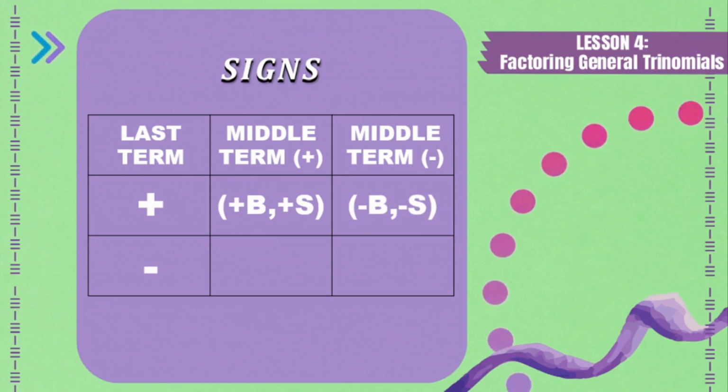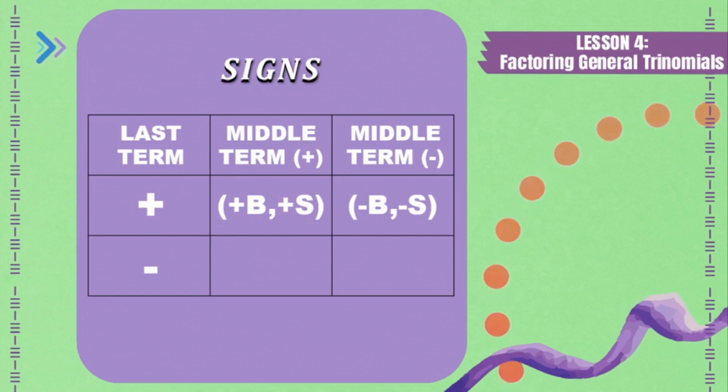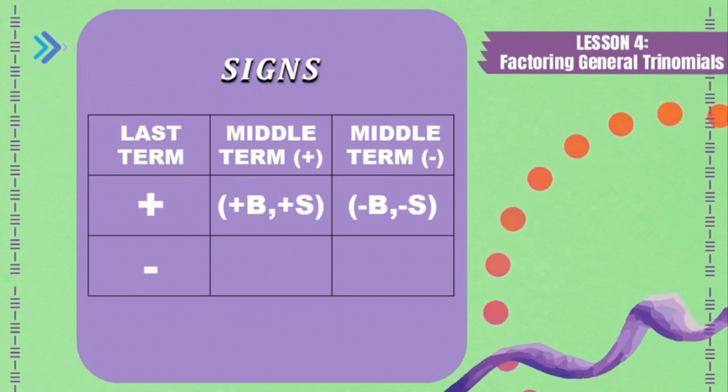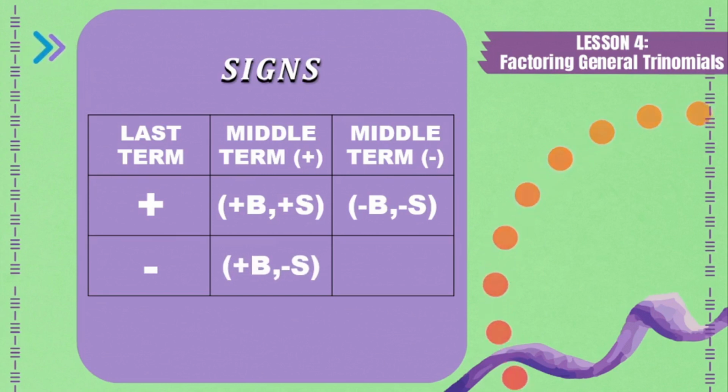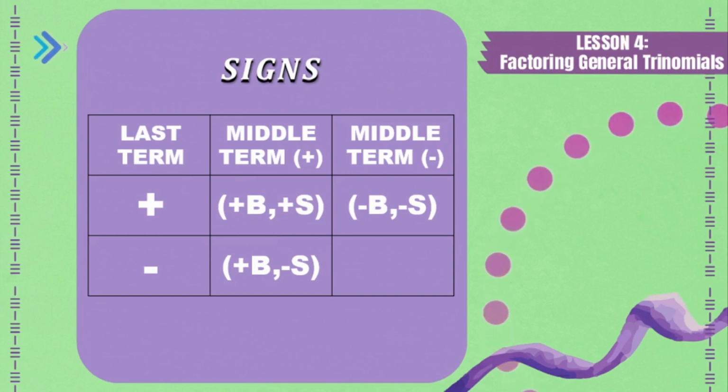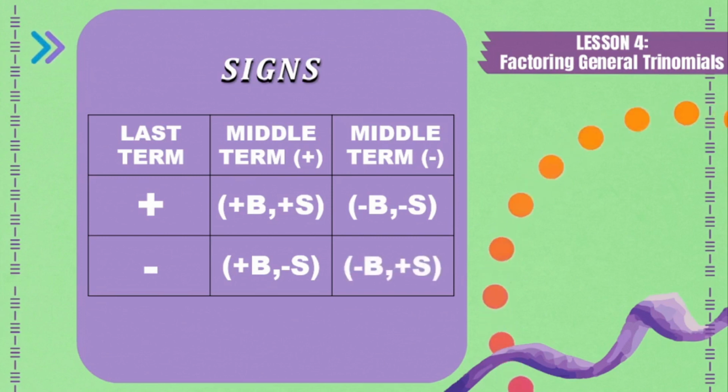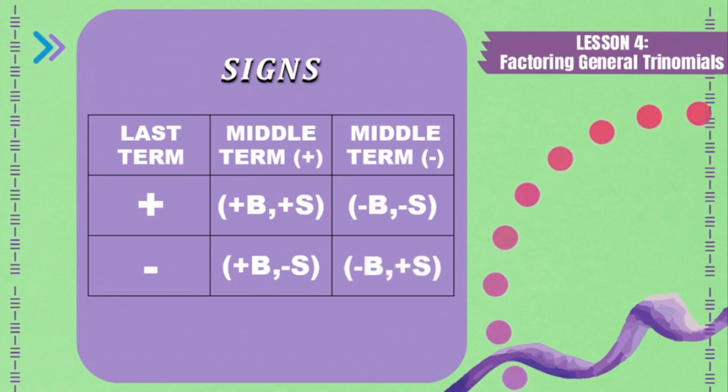Then, kapag ang last term ay negative at ang middle term ay positive, si bigger number, susundin niya si middle term. So, si bigger number positive, smaller number ay negative. Pero kapag naman last term ay negative, magkaiba sila ng sign, then si middle term ay negative. So, si bigger number naman ay negative ngayon, then magiging positive naman si smaller number.